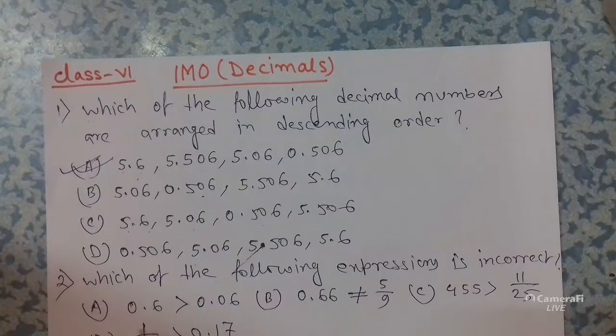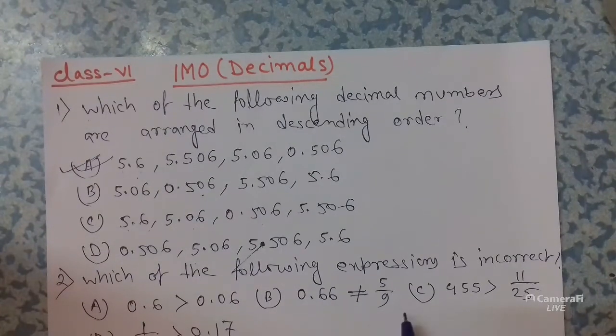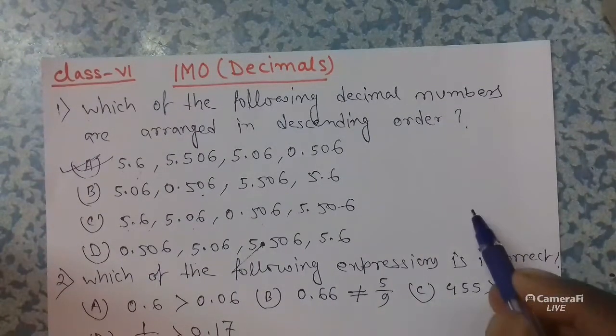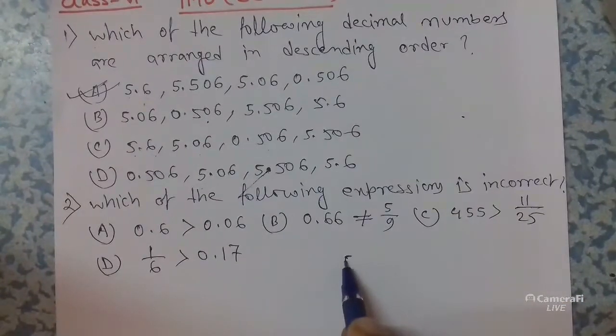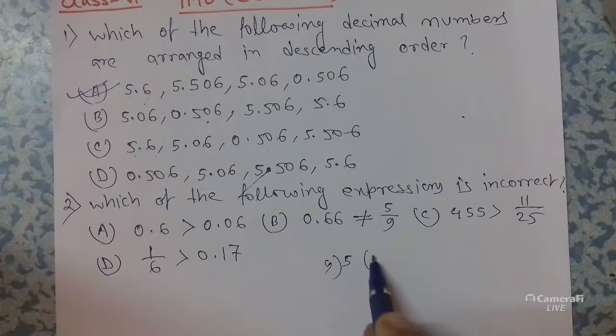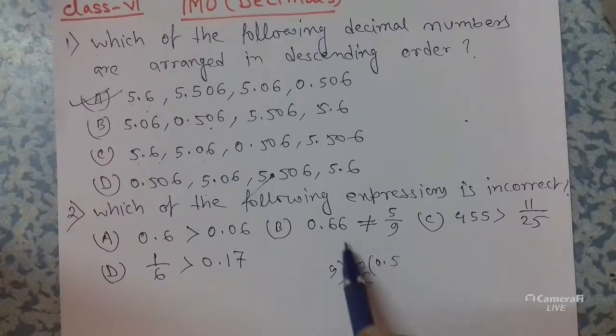So the first one is 0.6 greater than 0.06. It is correct. 0.66 not equals to 5/9. So if we calculate it, if we divide 5/9, we can see that it is not equal to 0.66.